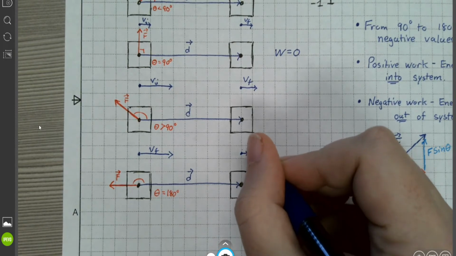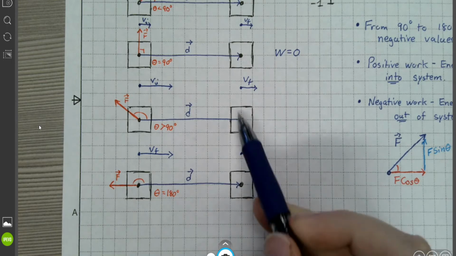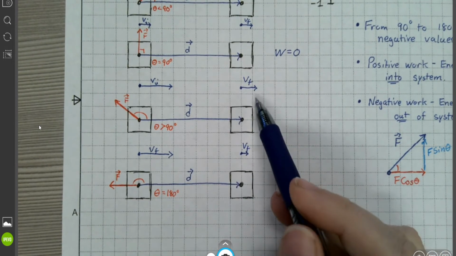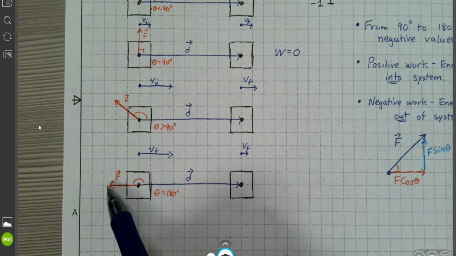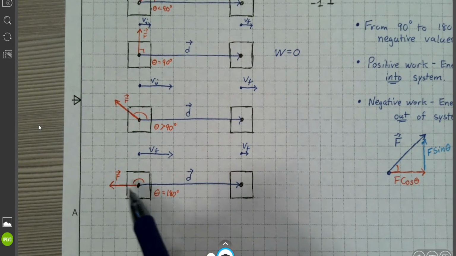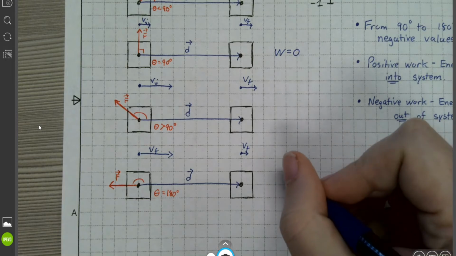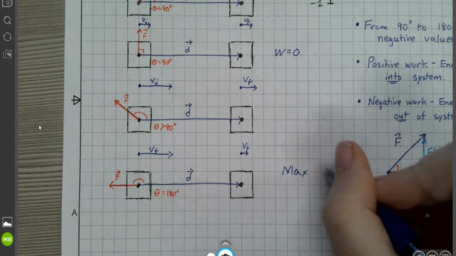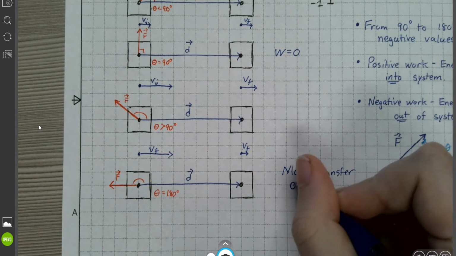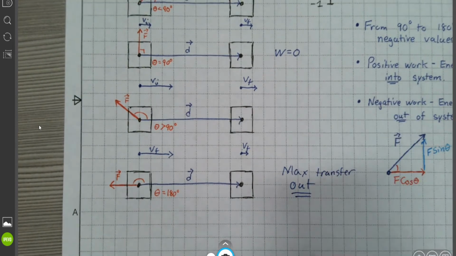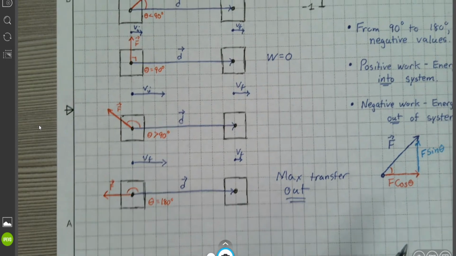So we'll say that velocity decreases even more compared to the situation above. And the difference is this one is applied at an angle and this one is straight back. Okay, so this is going to be the maximum. So this is going to be the max transfer of energy out of the system.